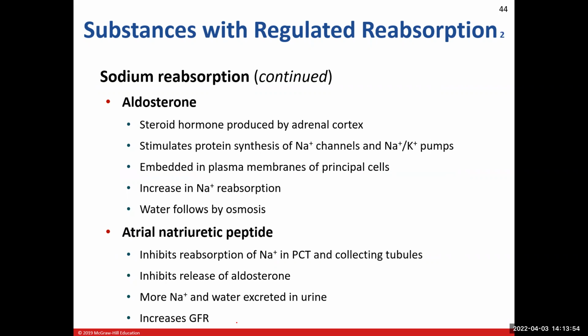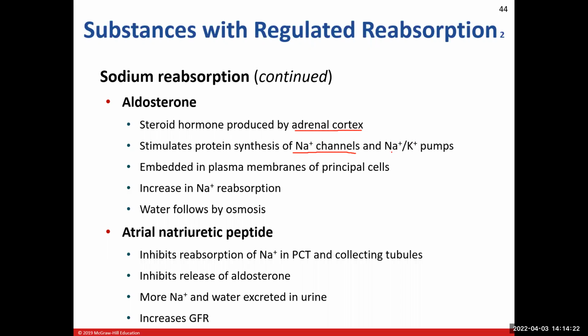So our two hormones, aldosterone and ANP. Aldosterone, we saw in chapter 17, is produced in the adrenal cortex. It's a mineralocorticoid. What it does is make more of those sodium channels in the luminal plasma membrane. That's what I was talking about before with the facilitated transport of sodium from the tubular fluid in the lumen into the cell.